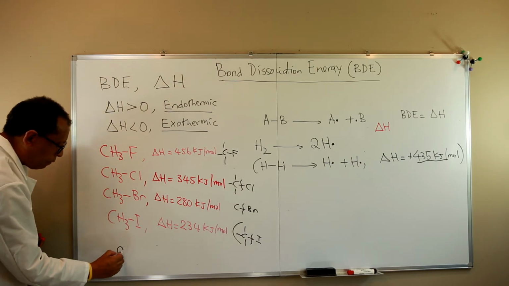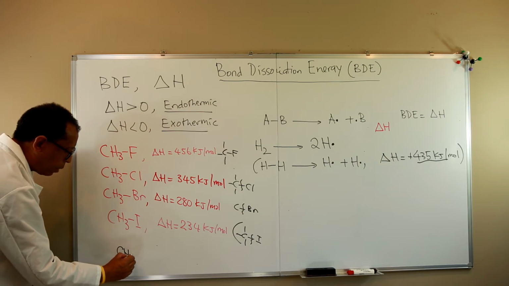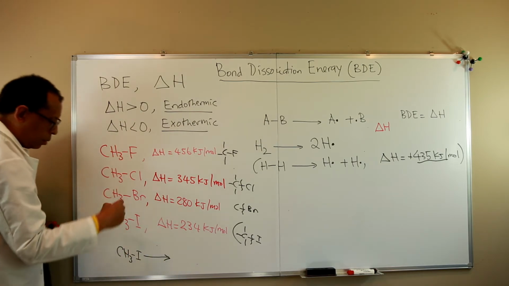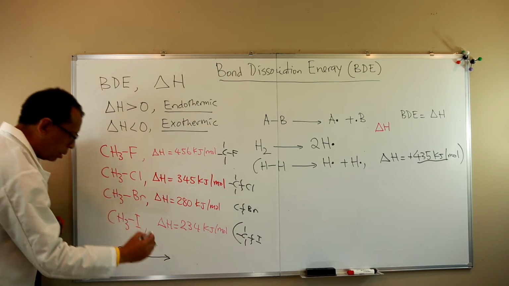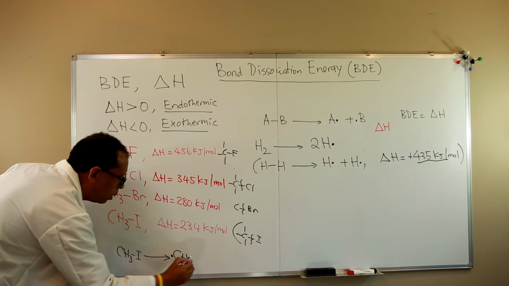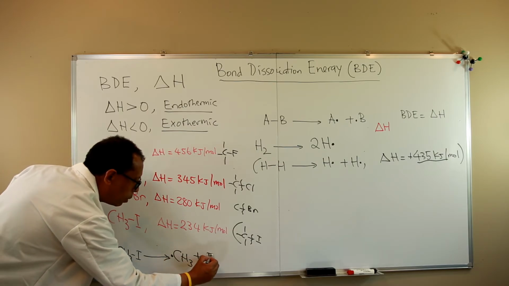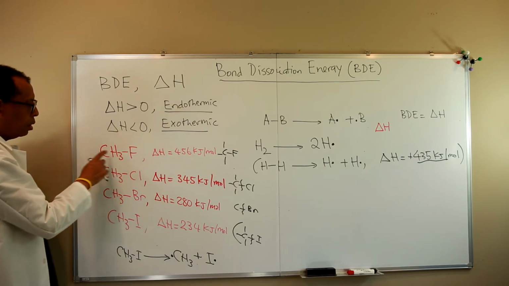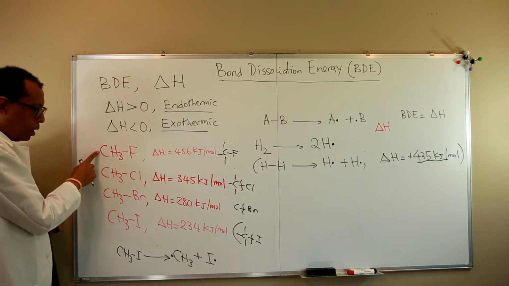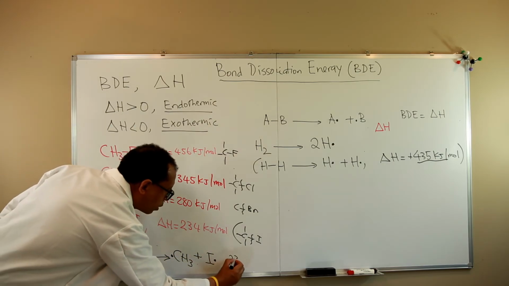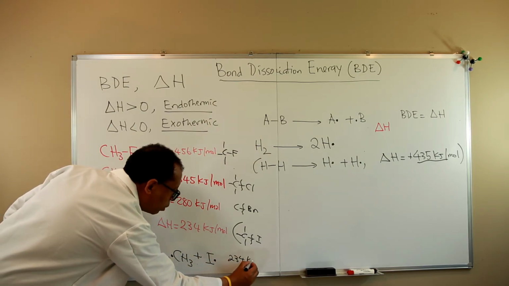So if you have CH3I, when it undergoes bond dissociation by homolysis, you would have CH3 radical plus I radical. This process is much easier than doing it for fluoromethane. This requires only 234 kilojoules per mole.